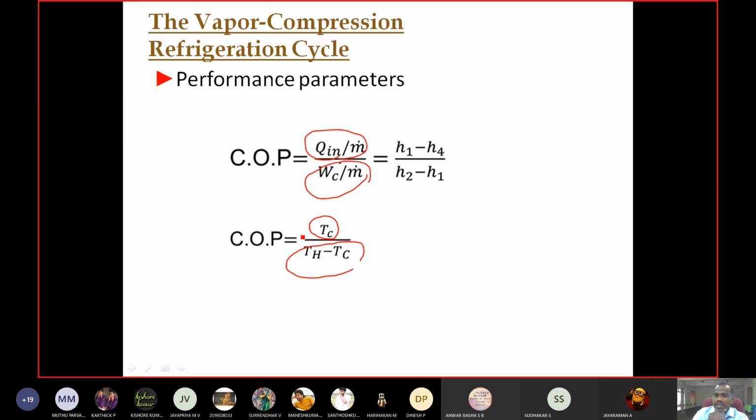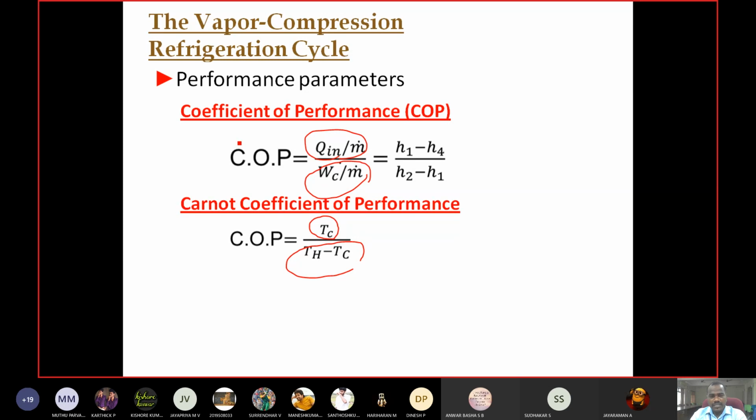The COP of our refrigerator is QL divided by QH minus QL, or in the case of temperature we can use this formula, TL divided by TH minus TL, that is high temperature, low temperature. So this first formula will be in the form of COP. Then also the Carnot coefficient of performance; we know what the Carnot cycle is.